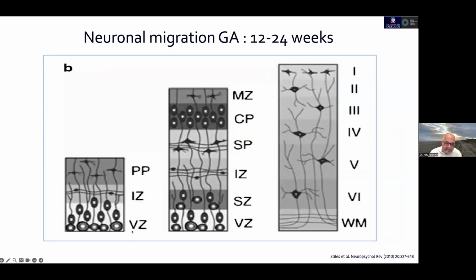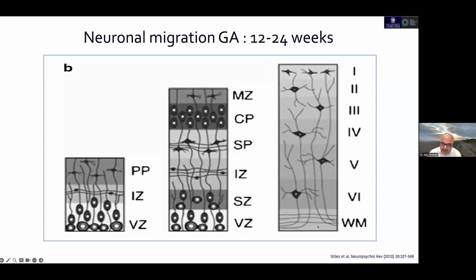In the early stages, we have a two-cell layer. So this is going to be the level of the ventricle. Therefore, that's the ventricular zone, and then that's the preplate, with the intermediate zone in between. The cortical plate forms and splits the preplate into the marginal zone and the subplate. All of this happens in an inside-out manner. The cortex forms with the oldest neurons occupying layer 6.